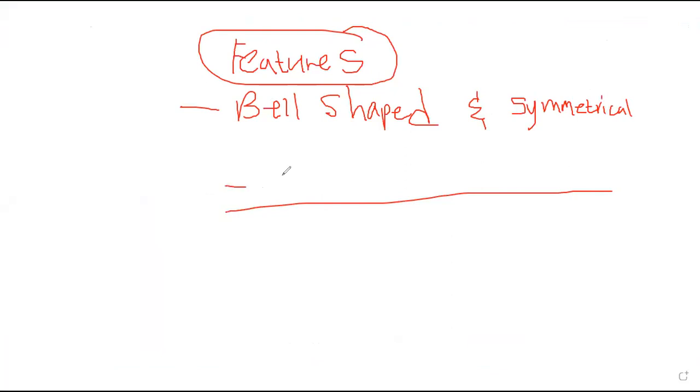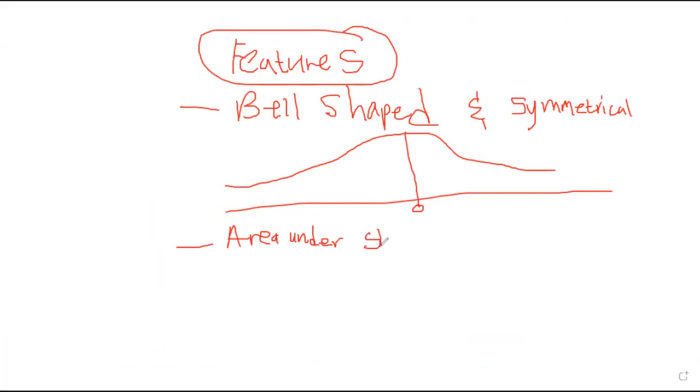This is about the first aspect that we go for. Area under the shape equals 1. So area under shape is equal to 1.